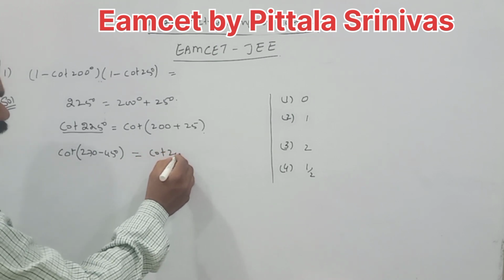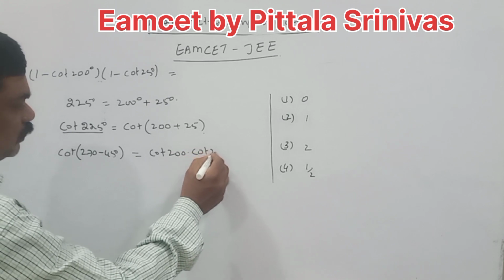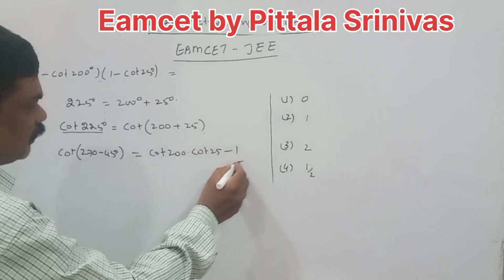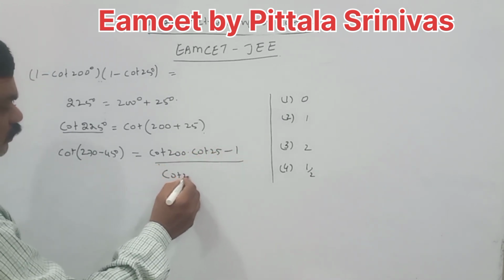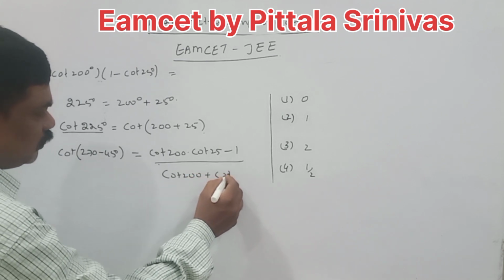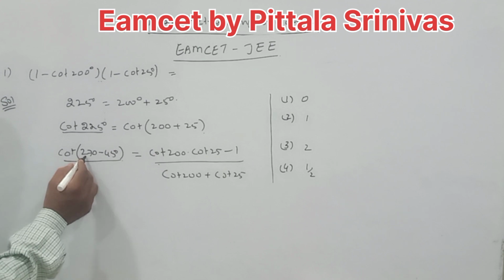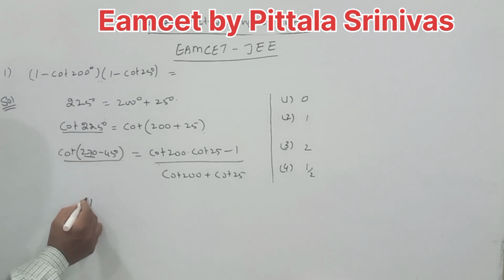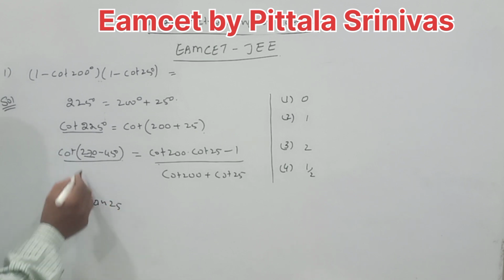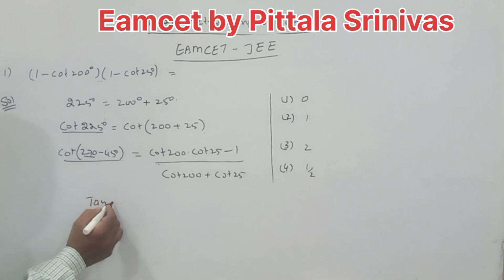So (cot 200 into cot 25 minus 1) by (cot 200 plus cot 25). This is the complementary angle, so cot becomes tan, 25 and this tan 45.